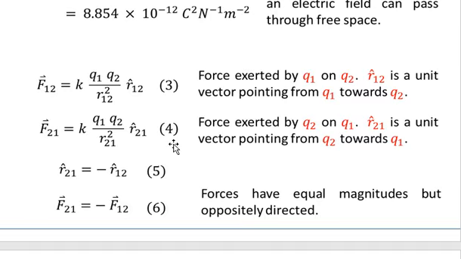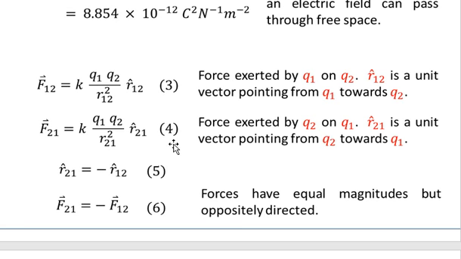So depending upon the nature of the charges, for example, if these both charges have the same polarity, that is either both negatively charged or both positively charged, then there will be a repulsive Coulomb force between the two charges.